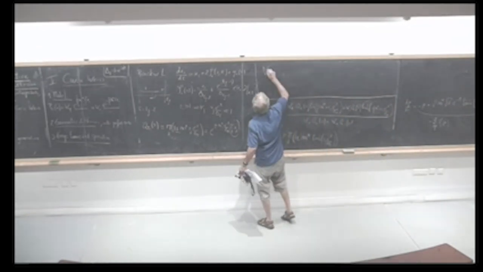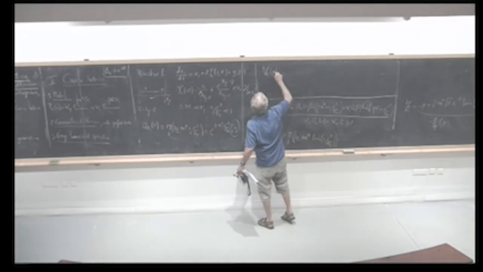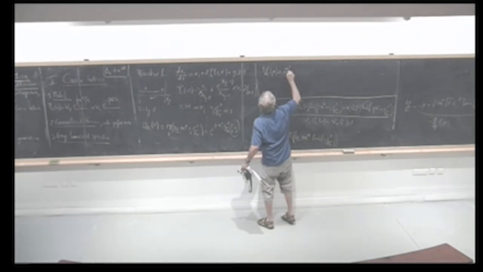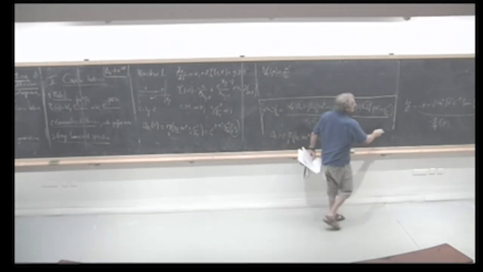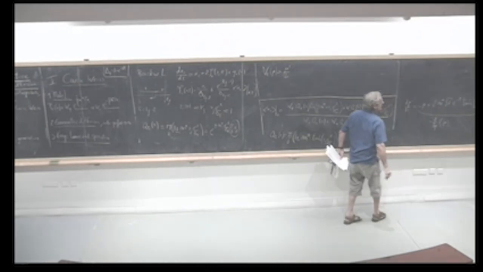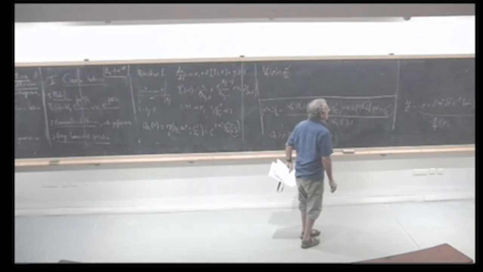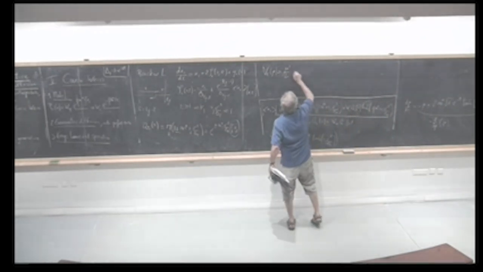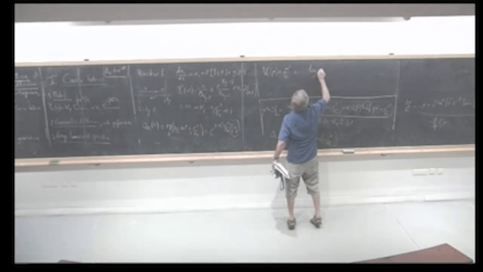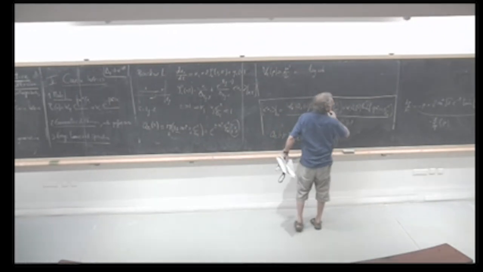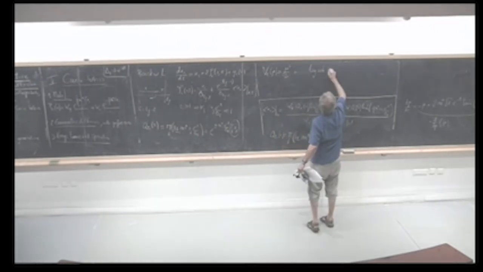So the effective potential, Vt of mu, is equal to mu squared over 2, which gives me this part of the force here, like Ornstein-Uhlenbeck standard, plus something which is log cosh of mu e to the minus t square root of d.